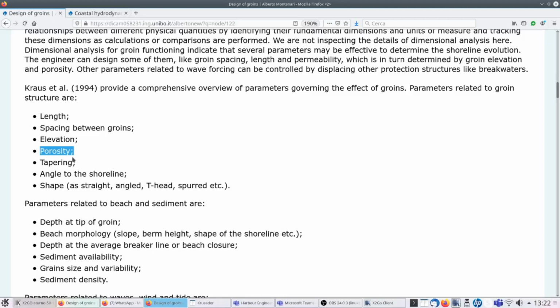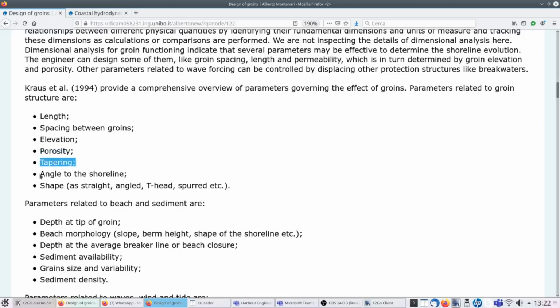Porosity is whether or not the groin is able to absorb or just reflect part of the energy of the waves. Porosity normally is much more reduced with respect to permeability. If you build a rubble mound groin, there is no permeability because there are no apertures, but still there is some porosity. And then tapering is also important.